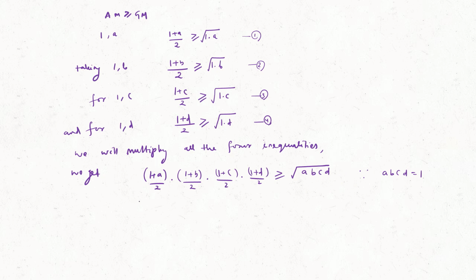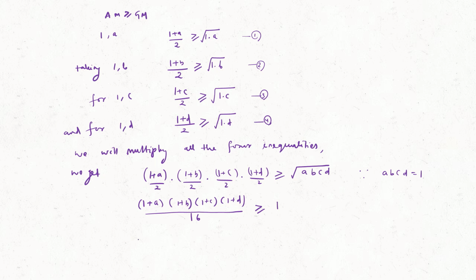So this expression becomes (1 plus a) into (1 plus b) into (1 plus c) into (1 plus d) divided by 16 greater than or equal to 1.